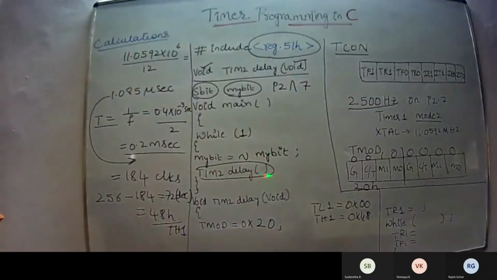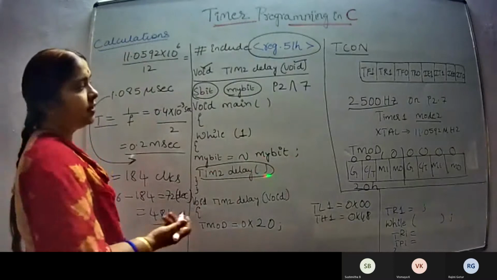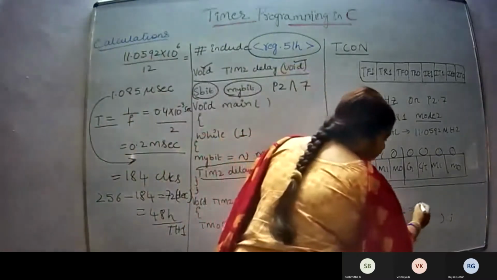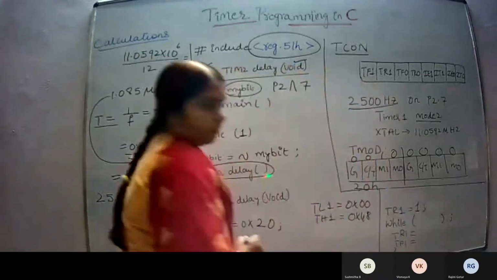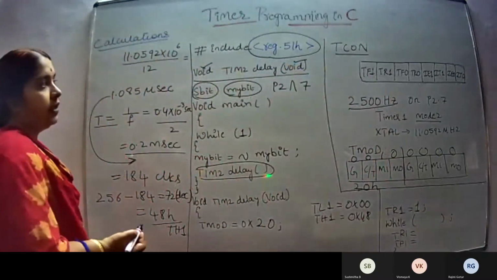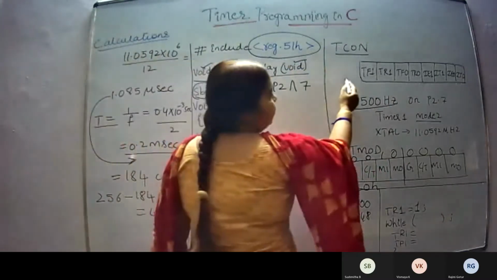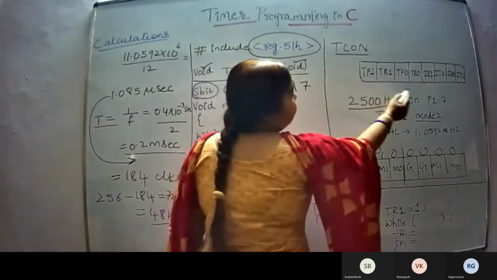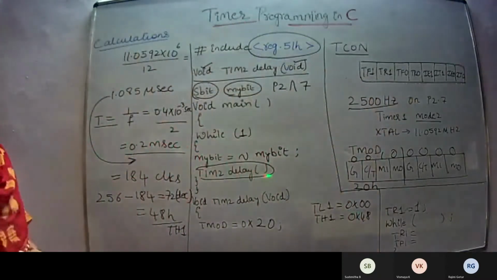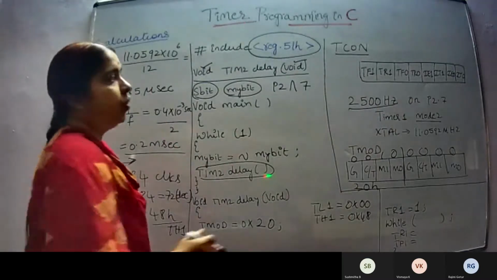Next, what we were doing in assembly was setting the bit. Which timer should be set here? Since it is timer 1, just write TR1 is equal to 1. Which flag should be monitored? To know that, I have written the TCON register here. In the TCON register, the first 4 bits are TF1, TR1, TF0 and TR0.